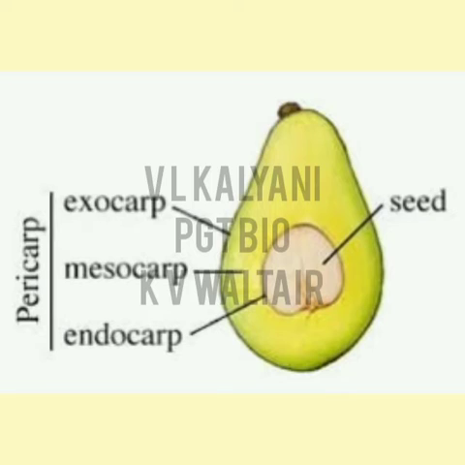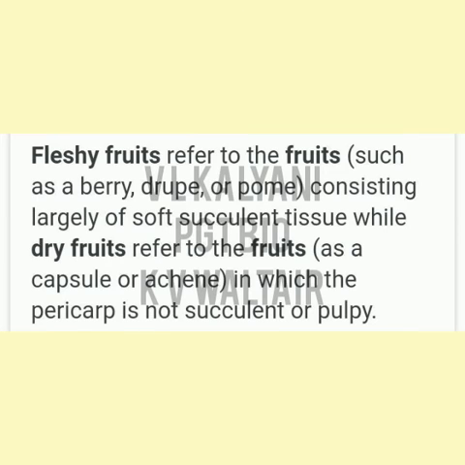Normally we eat fruits, and we know the nutrients and how they taste, but actually there are different types of fruits. How can you classify the fruits? As fleshy fruits and dry fruits. If the endocarp and mesocarp are fleshy, like guava.